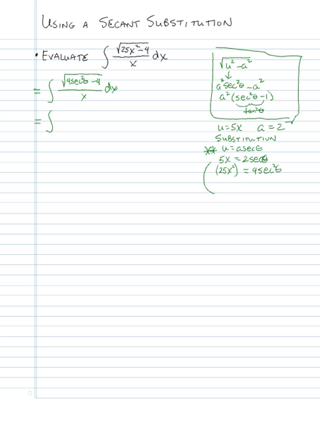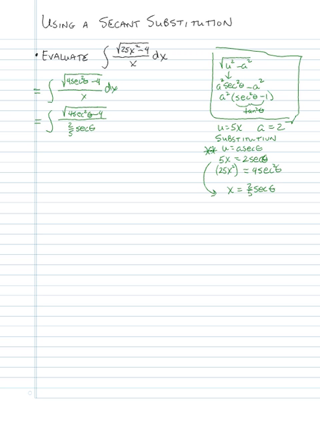Well, the fact that 5x is 2 secant theta, then x would certainly be 2/5 times secant of theta. So we can put a 2/5 secant theta in the denominator for our x.